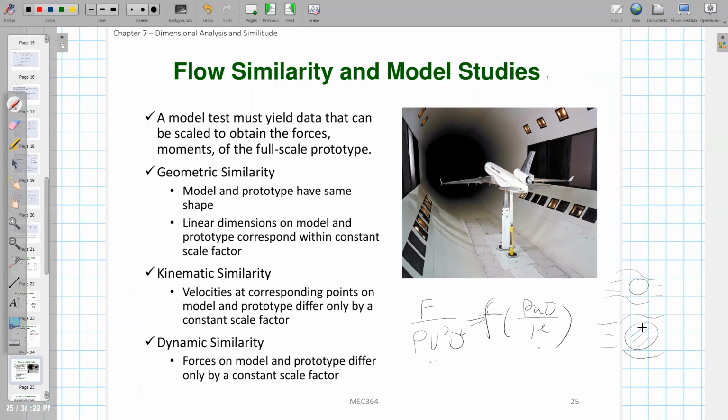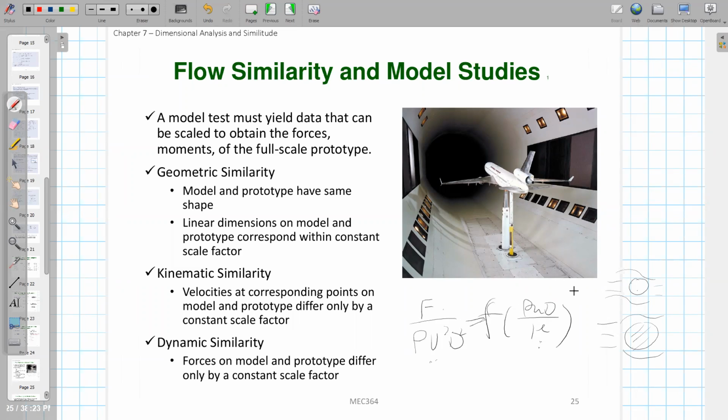but the size of the sphere is not the same, the diameter is different, and the velocity is also different. If these two problems reduce to the same dimensionless parameter, the Reynolds number, then because we know the non-dimensional drag force is only determined by the Reynolds number, we know these two problems will have the same dimensionless drag force.